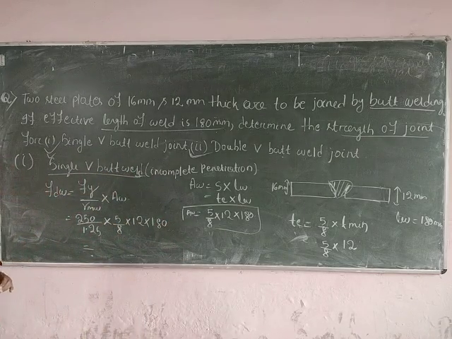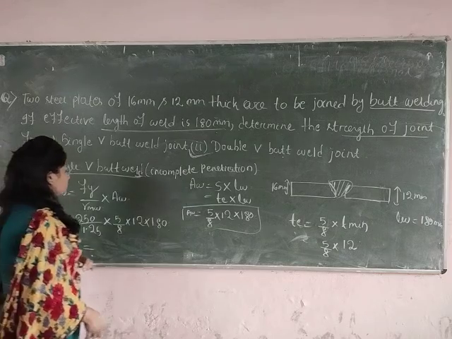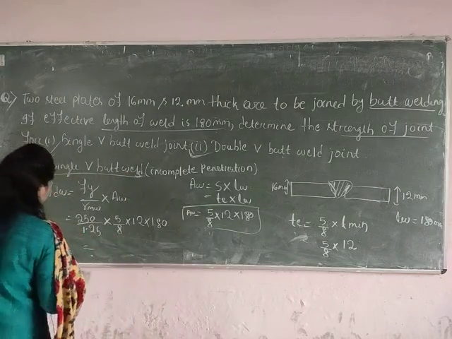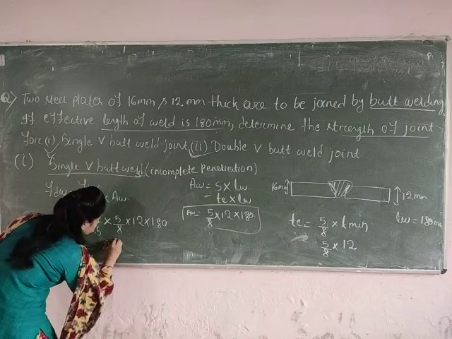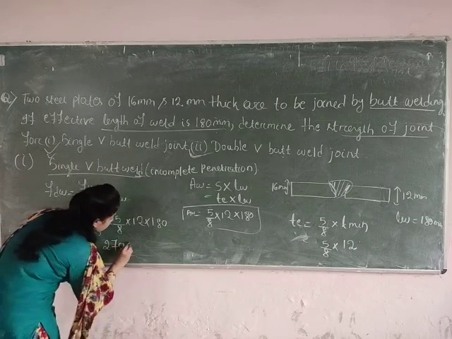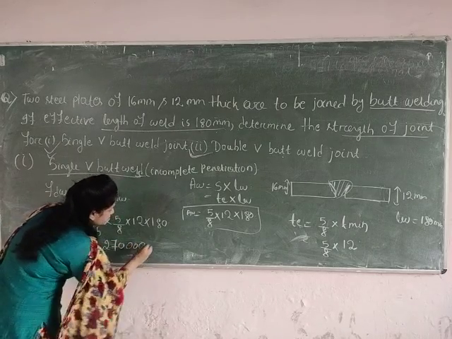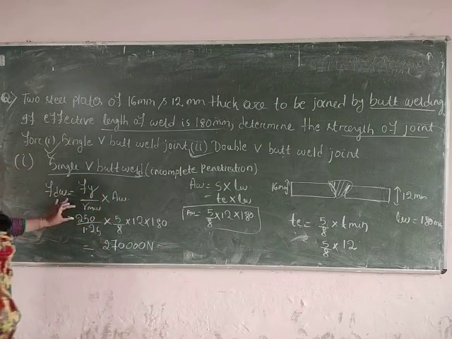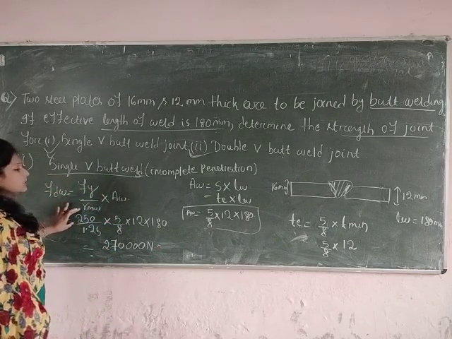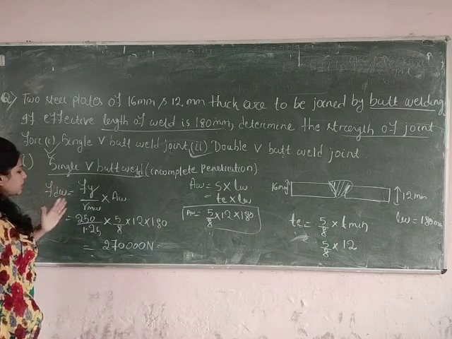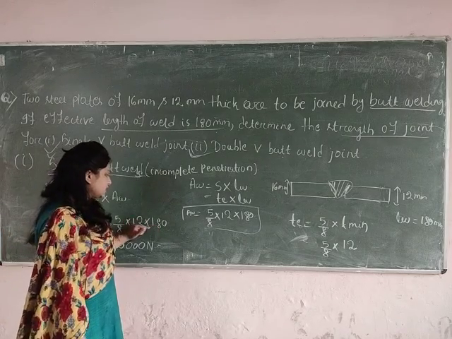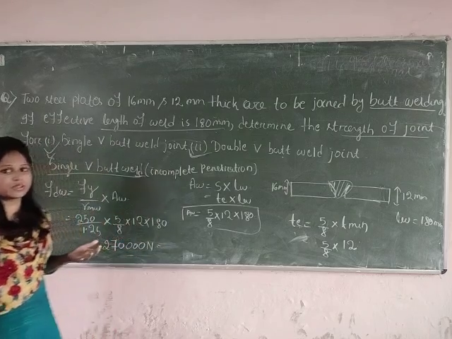This value is coming 270. This value will come in Newton, as this 250 is in Newton per mm square, and the thickness and the length of weld are also in mm.